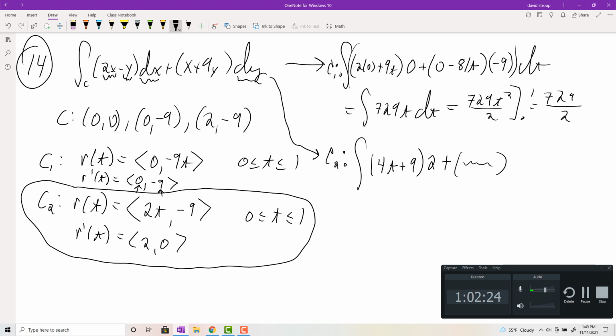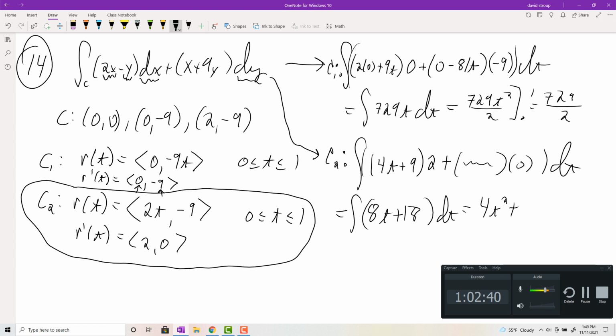It's going to be a bunch of stuff times 0, which is just 0. So I don't need to worry about it. Okay, so this integral will then be 8t plus 18 dt. Integrate: 8t squared over 2 is 4t squared, plus 18t. Evaluate from 0 to 1. That'll be 4 plus 18, which is equal to 22.